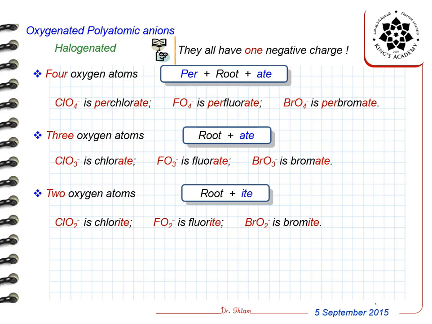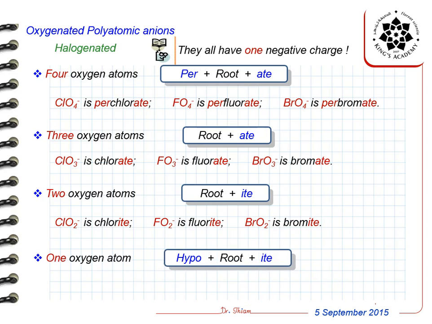Here are the examples. And for only 1 oxygen, it's hypo plus root plus ITE. Again, because the ones with 1 and 2 oxygens both end with ITE and have the root, we needed to distinguish them. Because of that, we use hypo. Just like when we had 3 and 4 oxygens, they both ended with ATE, so we distinguished them by using per for the ones with 4 oxygens.